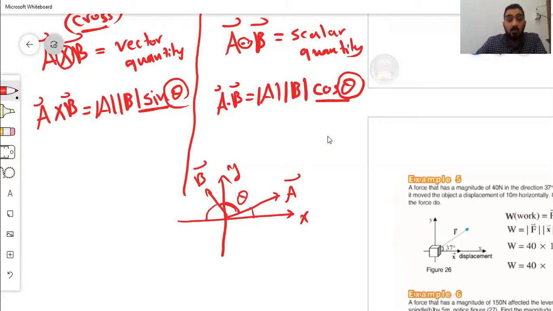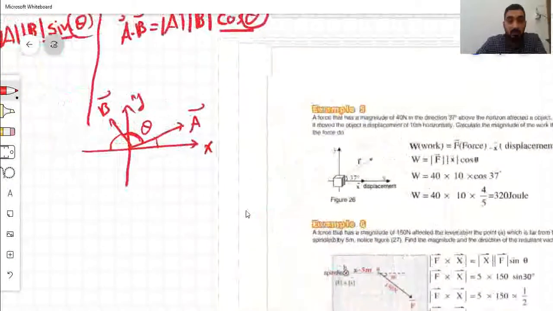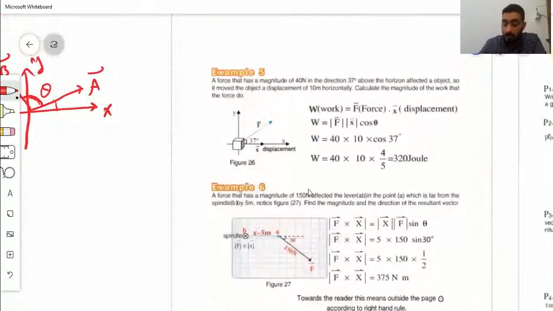Now we need to solve some examples of this subject. In chapter 1, there are example 5 and example 6. Example 5: a force that has a magnitude of 40 Newton, in the direction of 37 degrees above the horizon, affects an object.